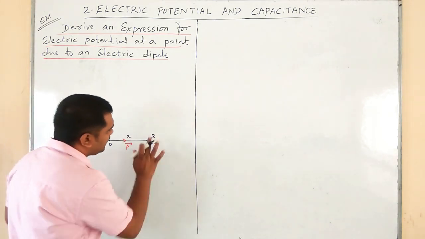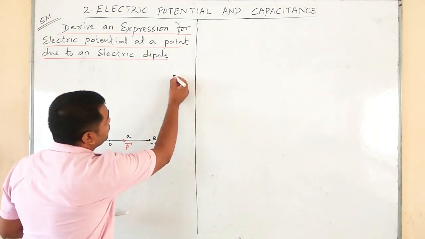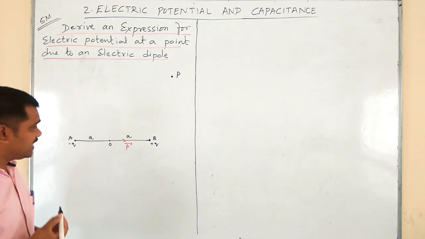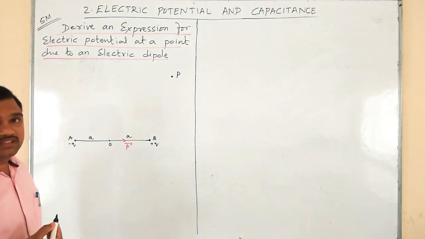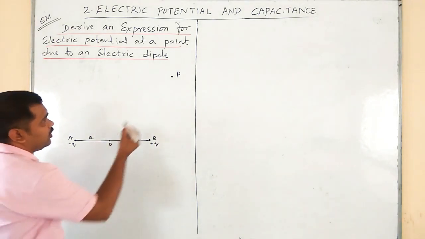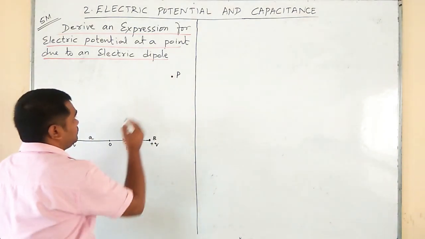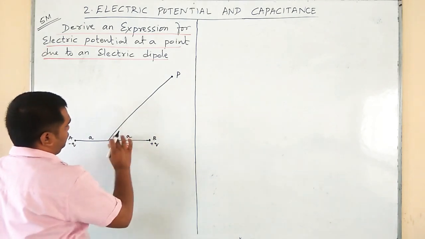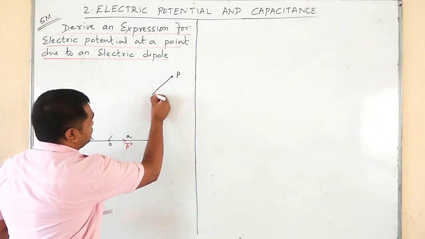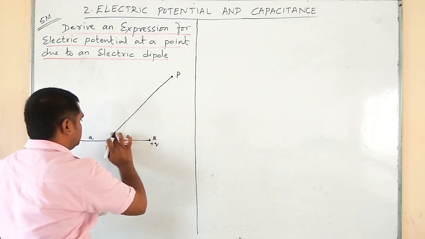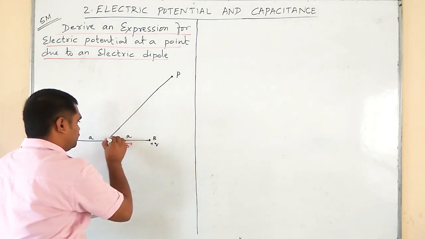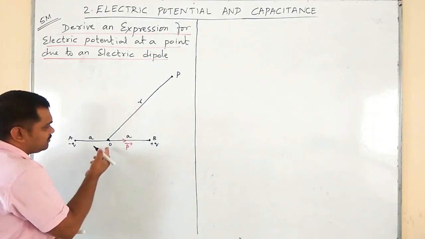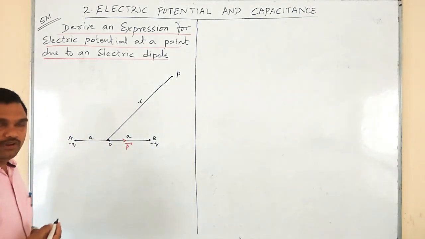Now, say for example, P be a point at which we want to find the electric potential, which is at a distance of some small r from the center of the dipole.